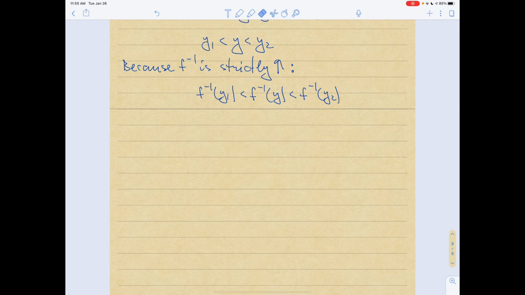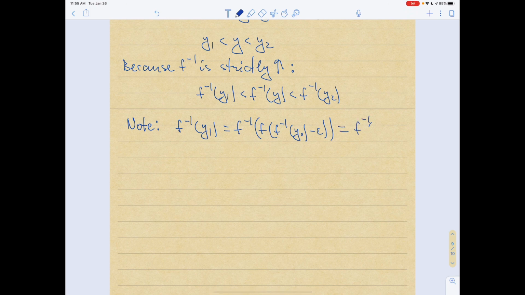I'm going to note f inverse of y1 is the same thing as f inverse of f of f inverse of y0 minus epsilon. f inverse and f cancel out.